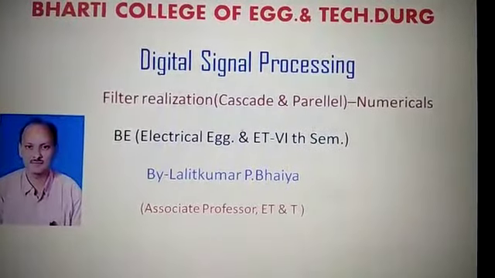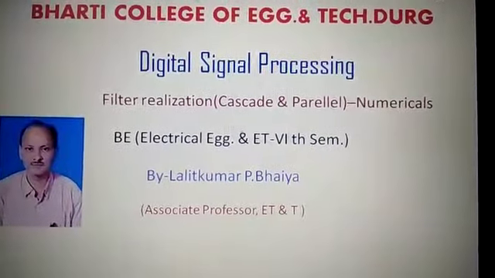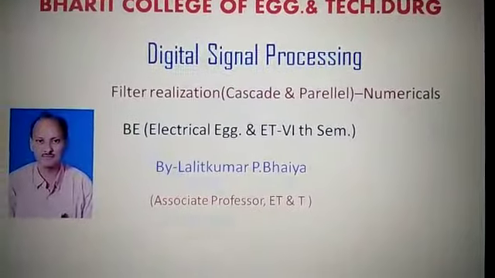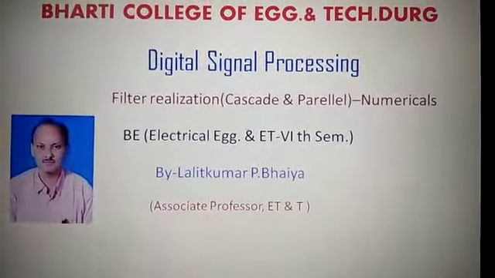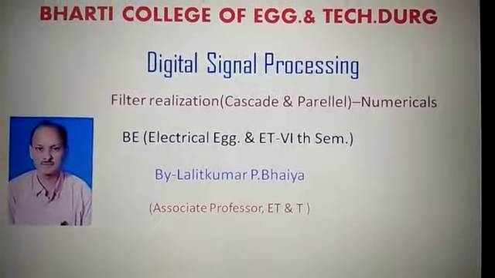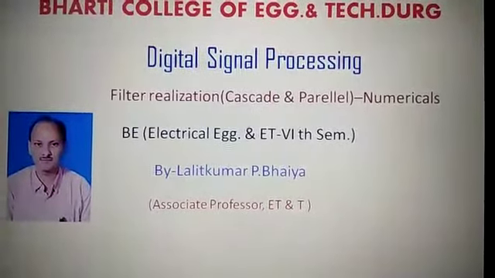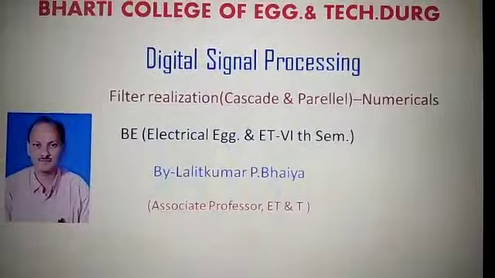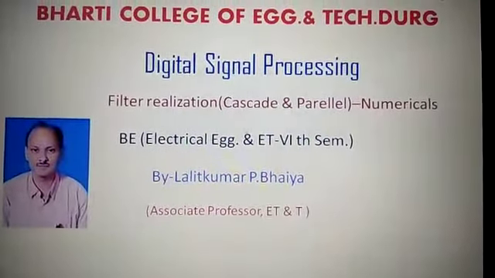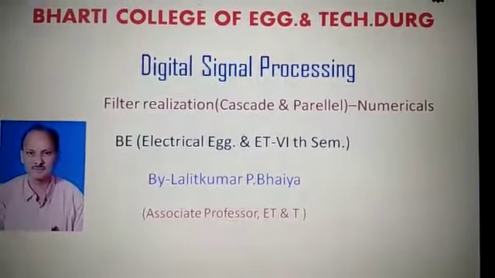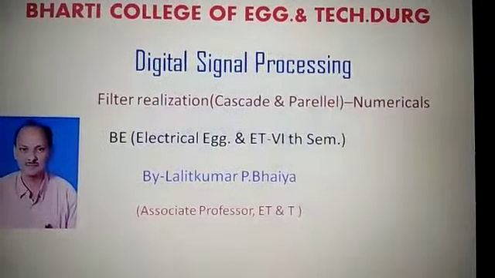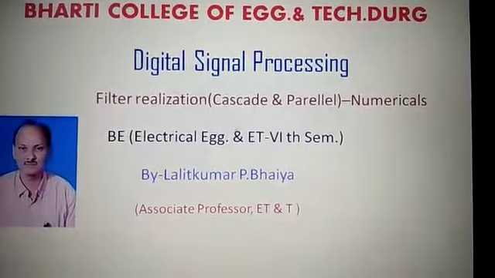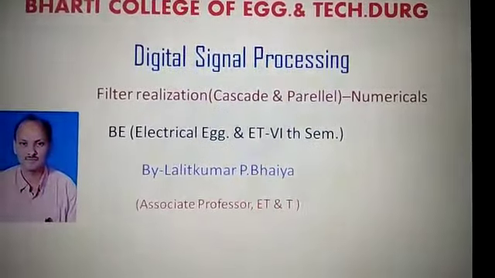In cascade realization, we have to make the total transfer function, that is H of z of the digital filter, into a product, that is H1 of z into H2 of z into H3 of z and so on.